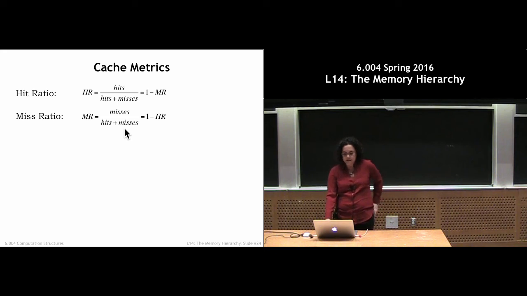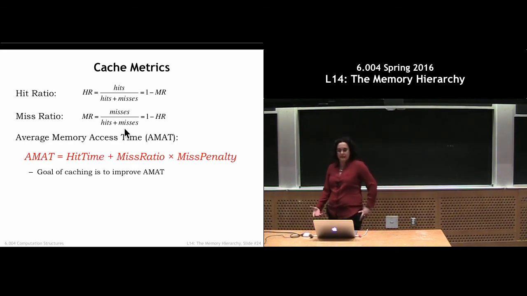And using this, we can come up with an equation for the average memory access time, which is, on average, how long does it take us to access our memory? And what we find is that basically you always pay your hit time, right, which is the time that it takes to access your cache. And then in the situations where you have a miss, which is this miss ratio, you also pay an additional miss penalty, which is the amount of time that it takes you to then go to main memory.